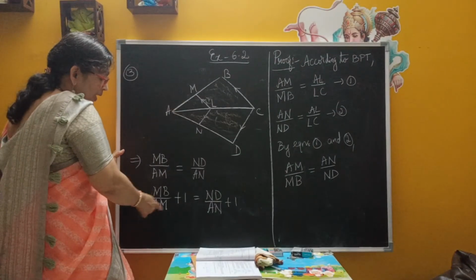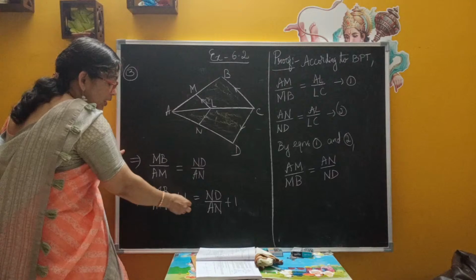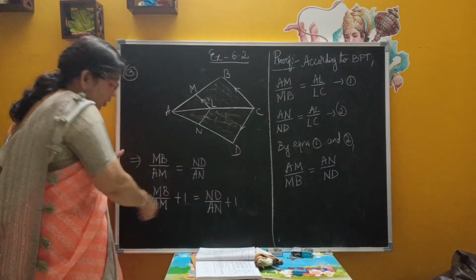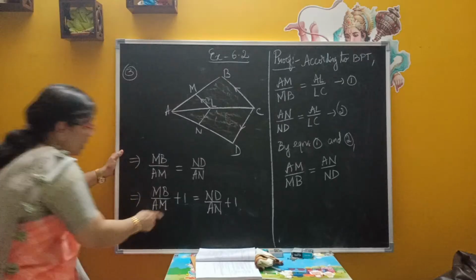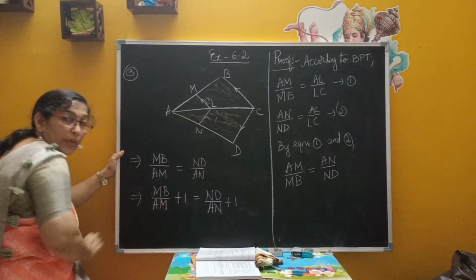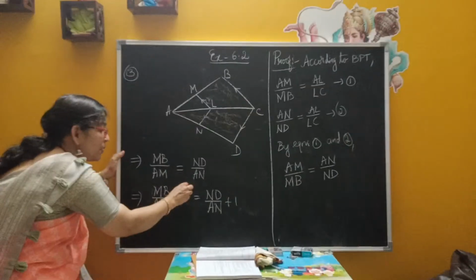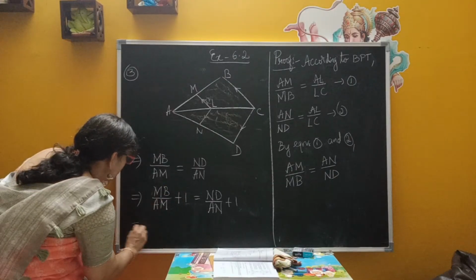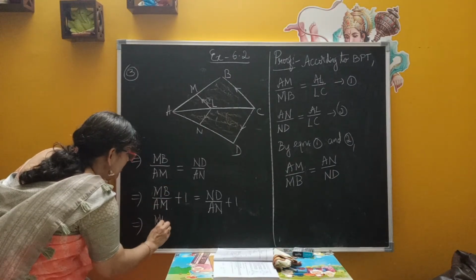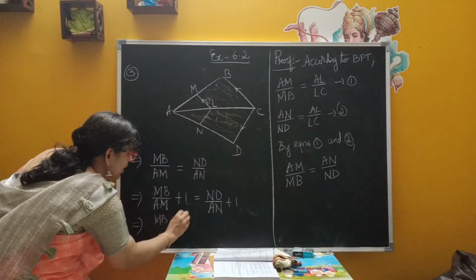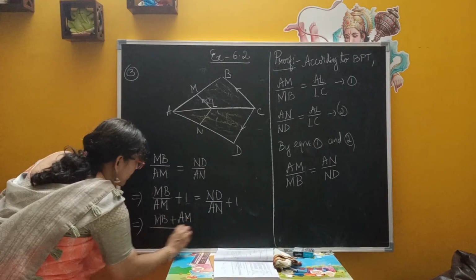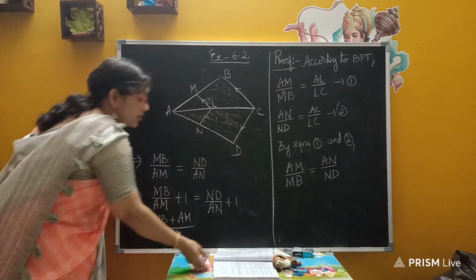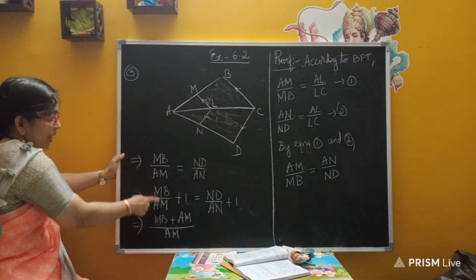So what to do now? When you take the LCM, 1 means 1 by 1. When we take the LCM and add, what happens? So here AM is the common denominator, the LCM. So AM has to be multiplied for 1 by 1, isn't it? So it is equal to MB plus AM by AM. So this is MB plus AM.